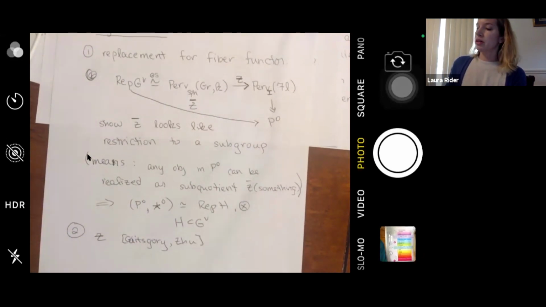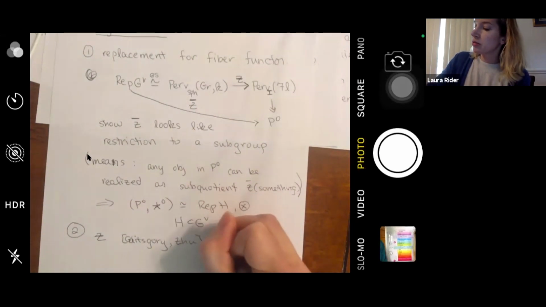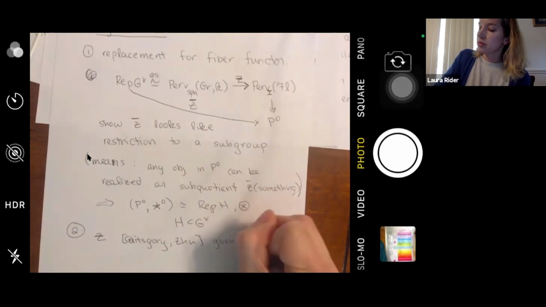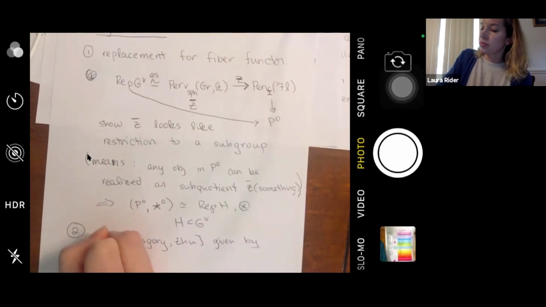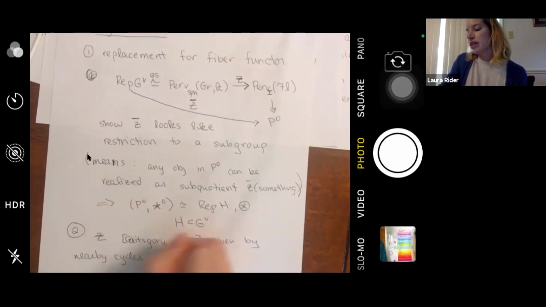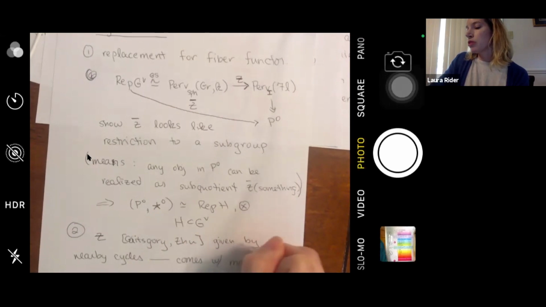This functor is given by nearby cycles. The nearby cycles construction comes with an automorphism from the monodromy.